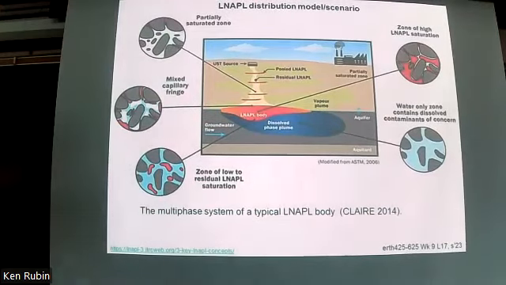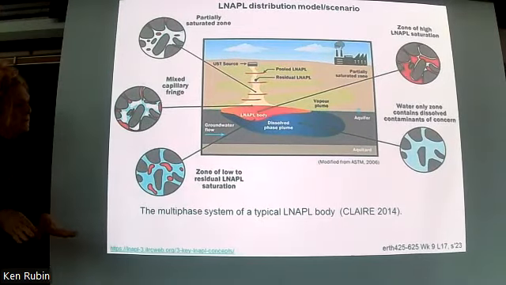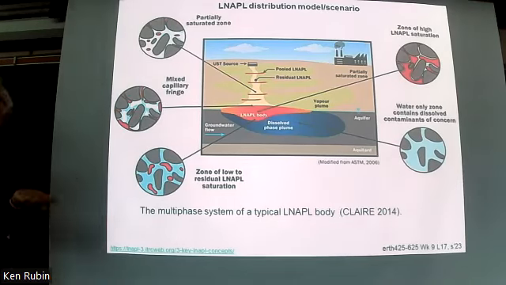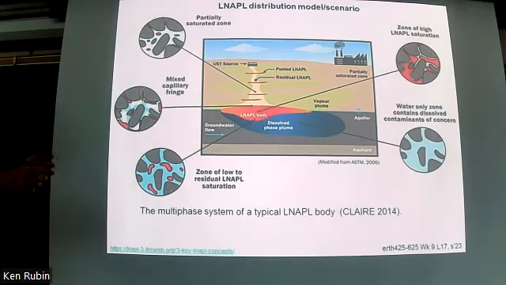So I have a few other slides that just show you some scenarios about how NAPL distribution in the subsurface works for both LNAPLs and DNAPLs, and the complications that are found and that affect how we remediate, how we model, excuse me, the migration of those materials.